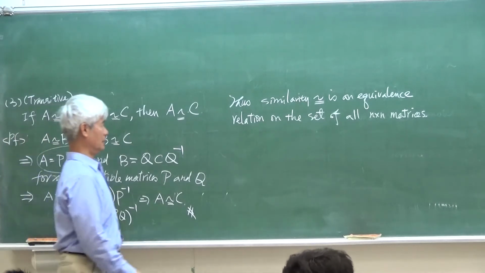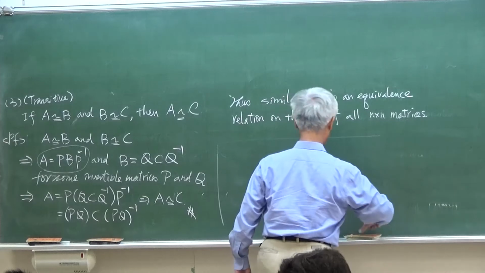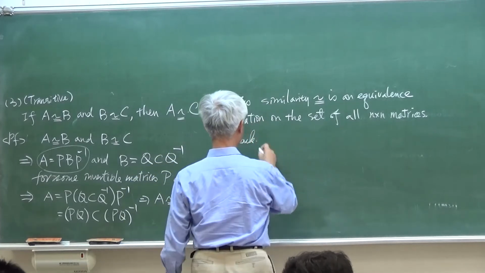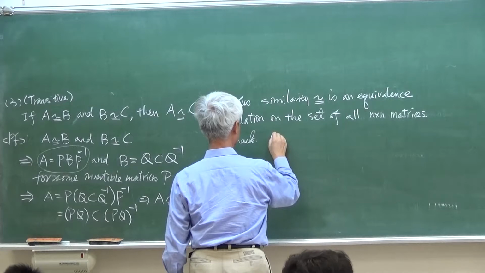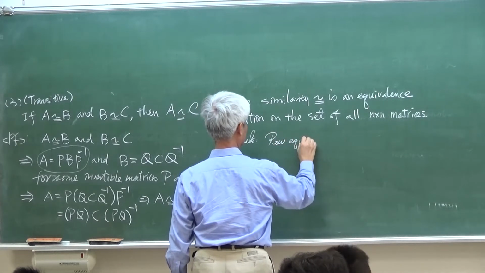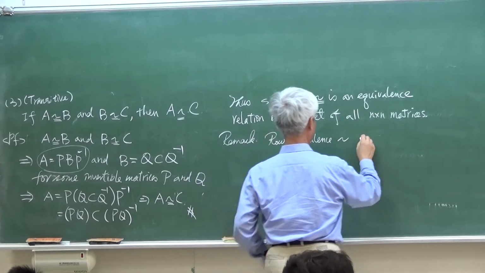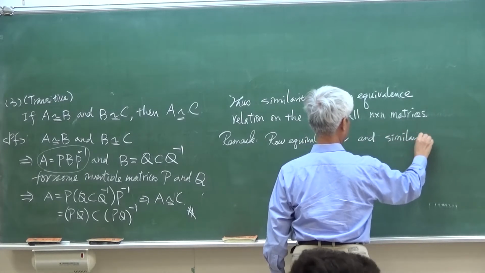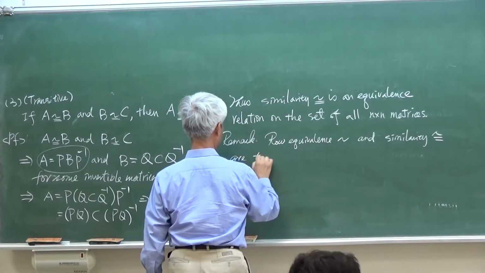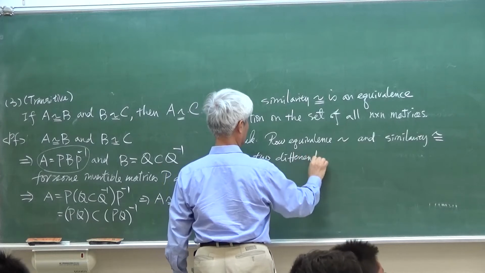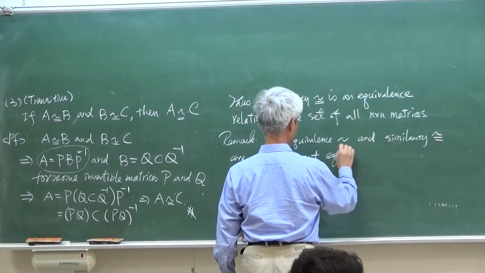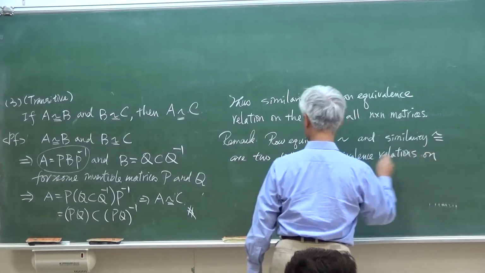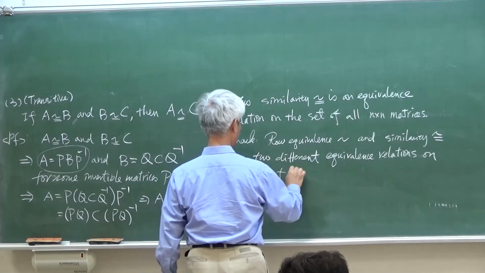So maybe compare row equivalence and similarity: two different equivalence relations on the set of all matrices.